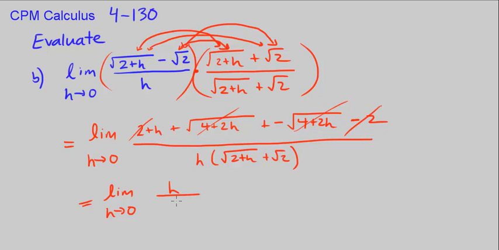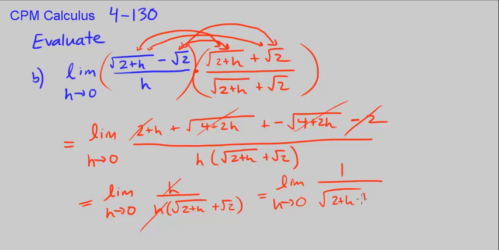So it's just h over h times square root of 2 plus h plus square root of 2. Not magically, but we kind of knew this when we multiplied by the conjugate. We're looking for this cancellation right here. So the h over h cancels, and we're left with the limit as h goes to 0 of 1 over square root of 2 plus h plus square root of 2.